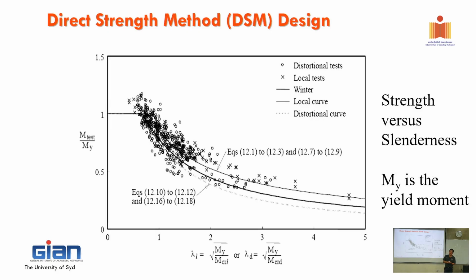And for local buckling, the direct strength equation already covers, I'll talk about that later on, the interaction between local buckling and flexural torsional buckling. So in the equation, we take that one into account.